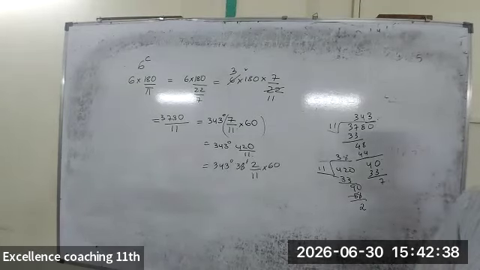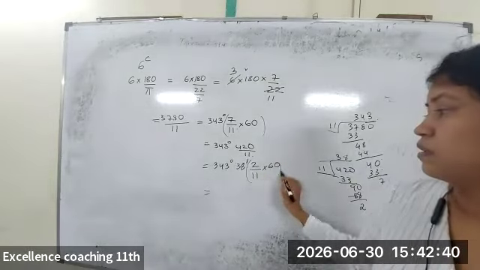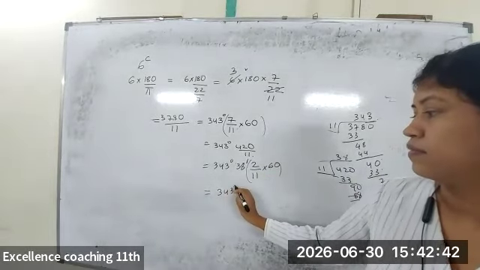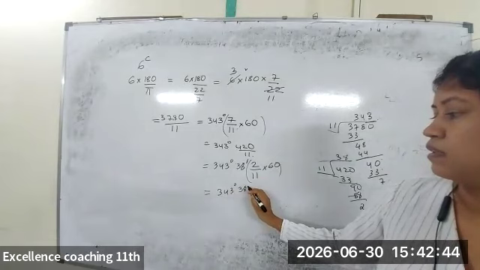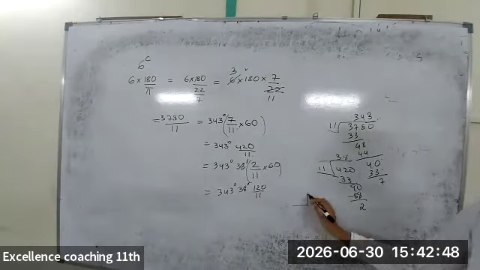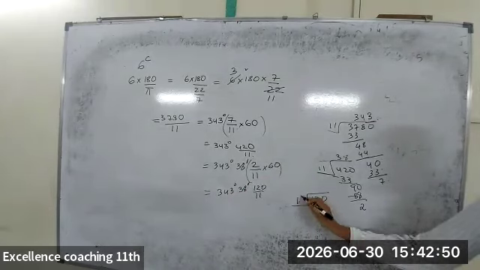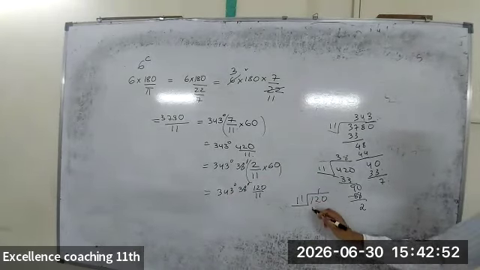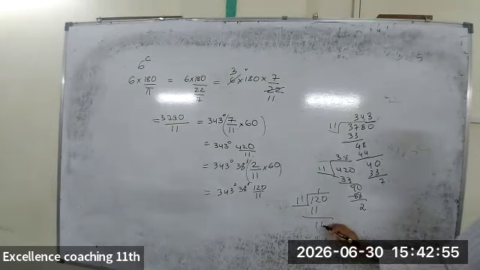So 120 upon 11. Now this division, you have to round off to the closest number. 10.9.